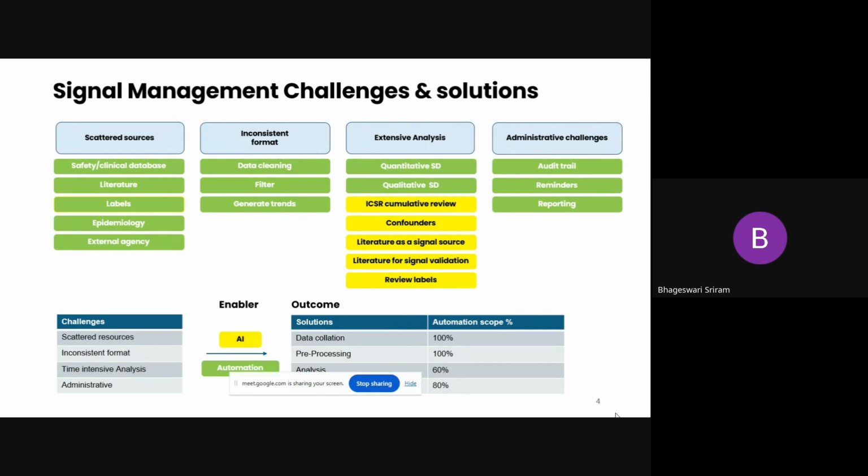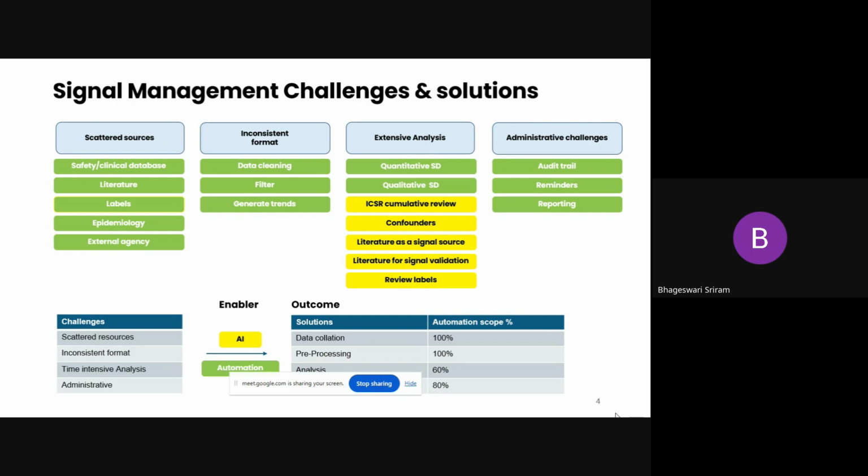And not all of these are in a consistent format. Hence, there has to be pre-processing or harmonization before performing this extensive analysis, right? Some of the non-exhaustive list of analyses we need to perform include quantitative and qualitative analysis, ICSR bulk review, and looking for confounding information.